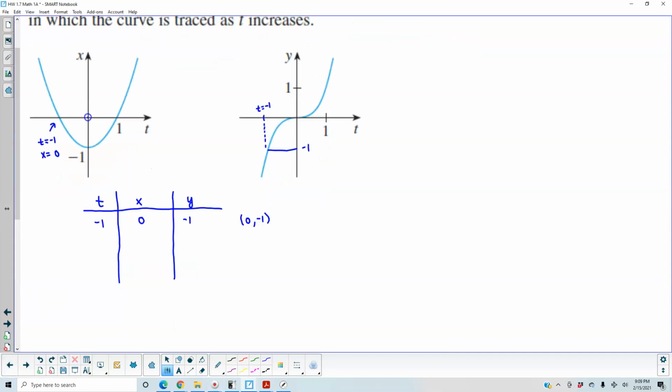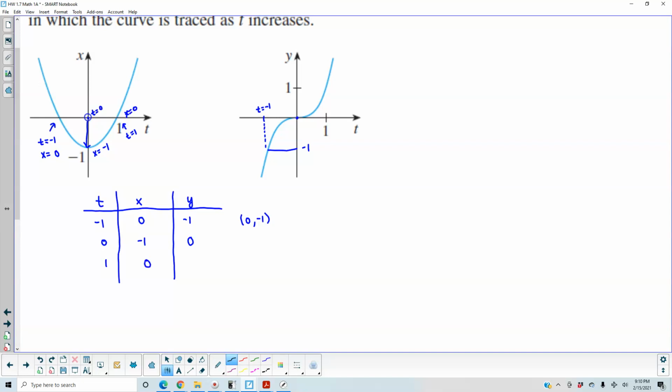So now when t is equal to 0 here, what's the value of x? Well, the value of x here is -1. So when t is 0, the value of x is -1. And over here, when t is 0, y is 0. Okay, and then let's take a look at +1. So when t is 1, we can see that x is equal to 0.